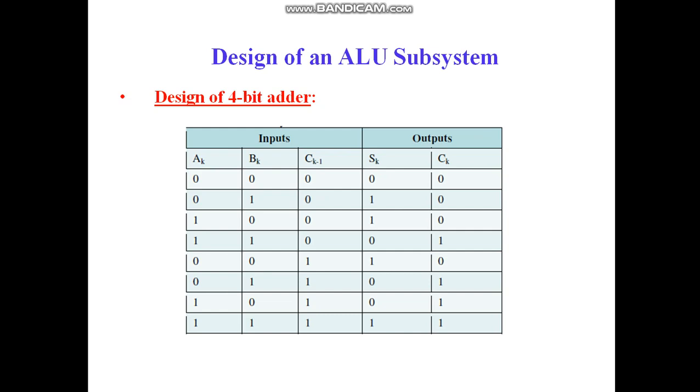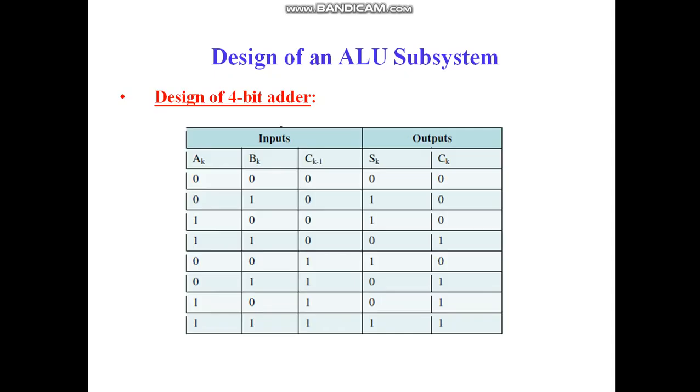Suppose AK is not equal to BK. Let us see what happens when AK and BK are different. When AK is 0, BK is 1, SK is 1, CK minus 1 is 0. When AK is 1, BK is 0, SK is 1, CK minus 1 is 0. Let us check the other two combinations. When AK is 0, BK is 1, SK is 0, CK minus 1 is 1.